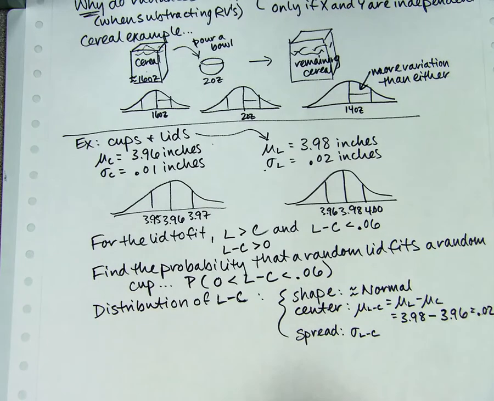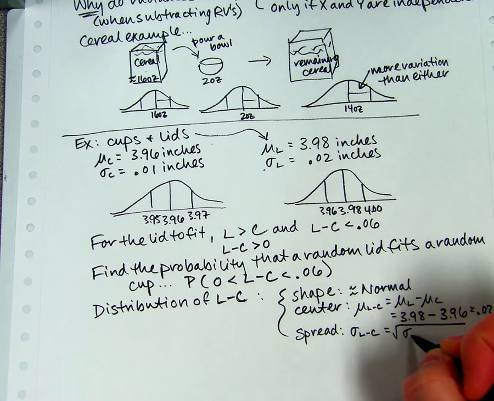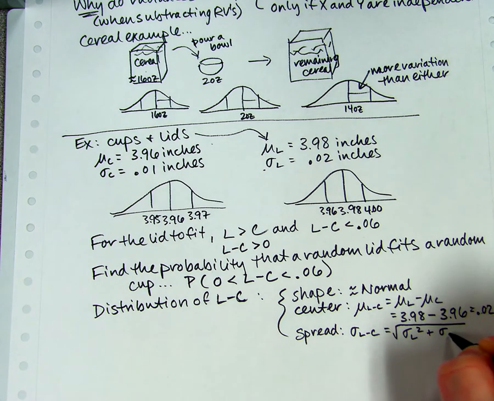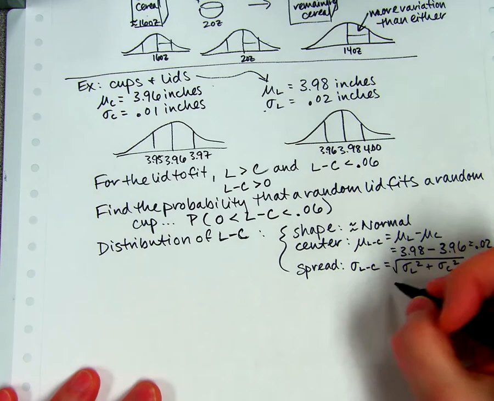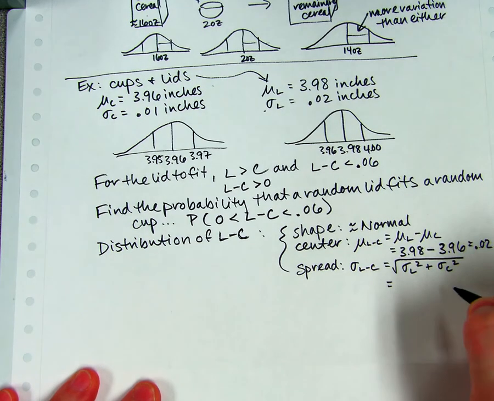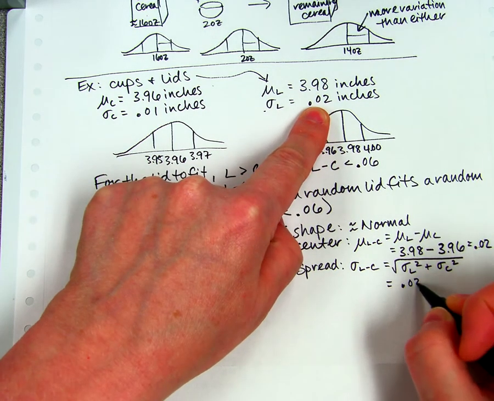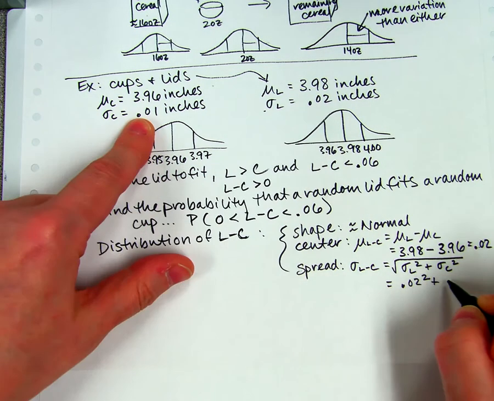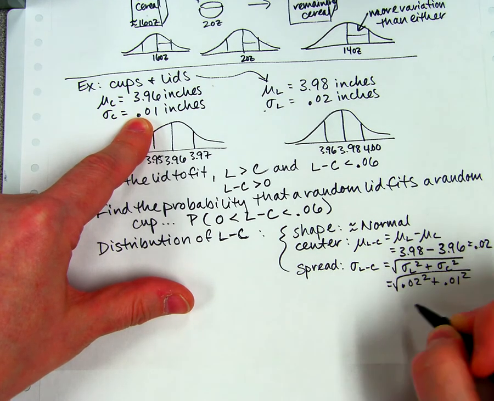That's what we're doing. So I'll write the formula first. We're going to take the standard deviation of L and square it, the standard deviation of C and square it, add them together and square root. And now that you know that's the formula, no problem, right? So I'm going to take this number, 0.02 squared, plus this number, 0.01 squared, square root the whole deal.